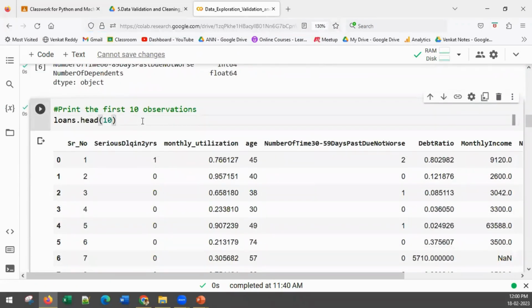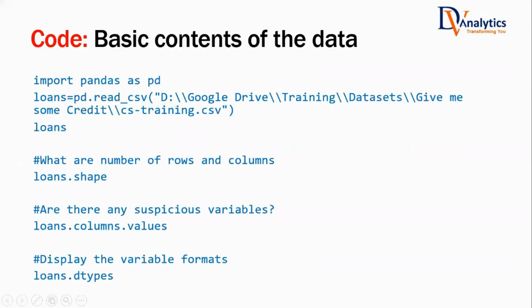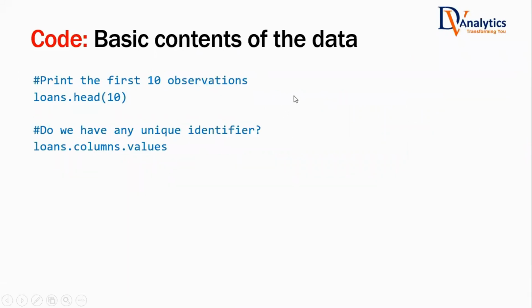I'm not saying that you will find all the issues here, but you may find some glaringly visible issues. So tell me if you have found any. We will make a note of them. Later on, we will be cleaning them. So go ahead, look at the info, all of you. Observe it carefully and let me know if there are any issues that we have found here.